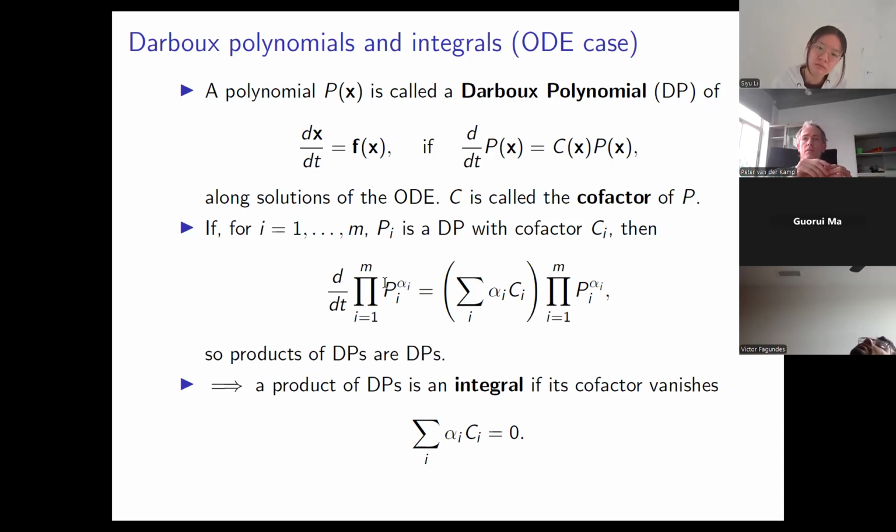So we have relations between the cofactors, and we can use these relations to create these integrals. As soon as you have a relation of this form between the cofactors, you can just take these coefficients, plug them into the exponents of your Darboux polynomials, and you see that you found an integral. So that is very nice.